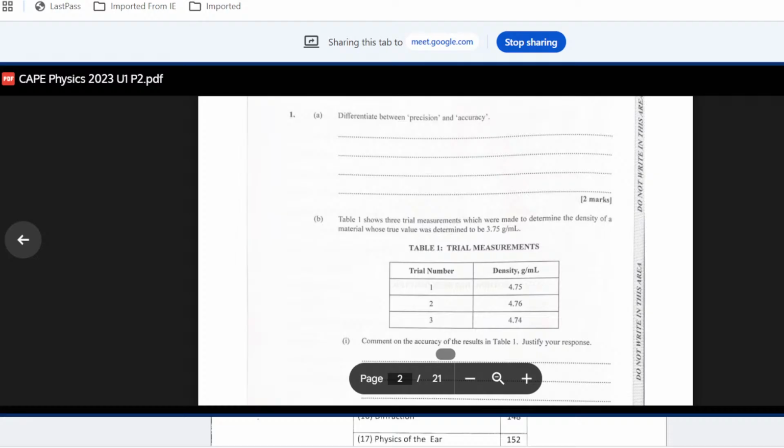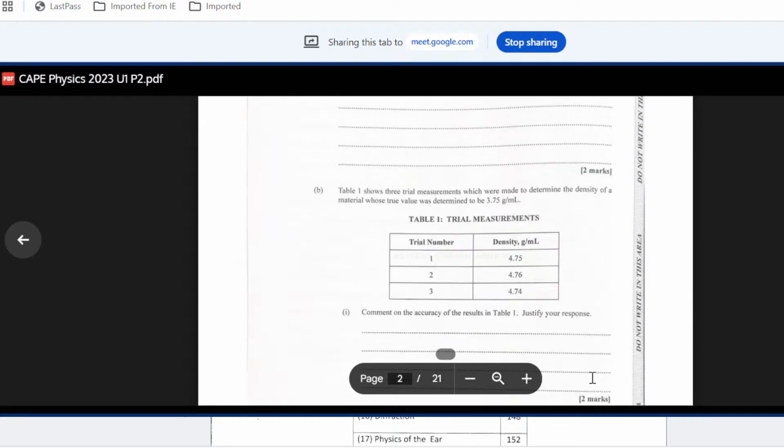So accuracy is the closeness to the quote unquote true accepted value. Precision is how close your different recordings are to each other. Alright, great.